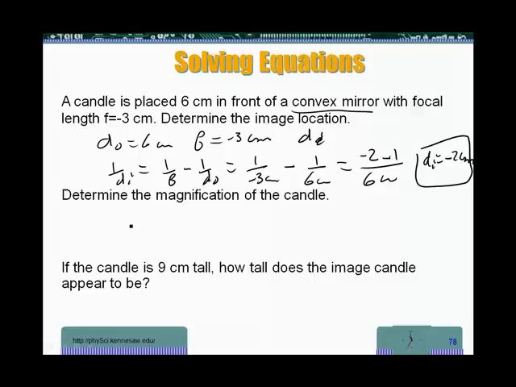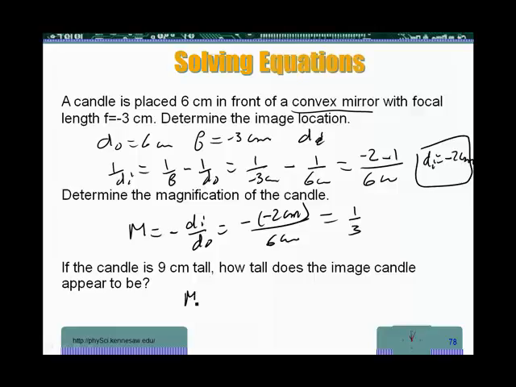So what's the magnification? Magnification is minus DI over DO. So it's going to be -(-2 centimeters) over 6 centimeters. So it is going to be 1/3. If the candle is 9 centimeters high, how tall would the image be?